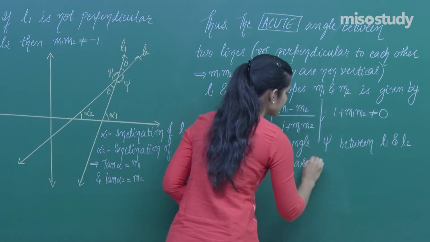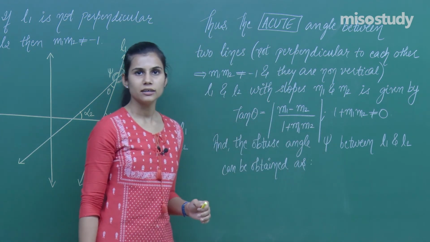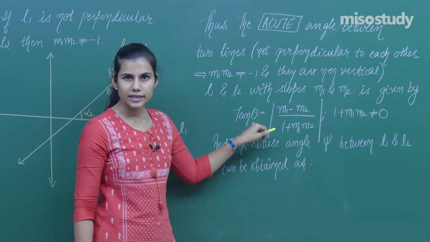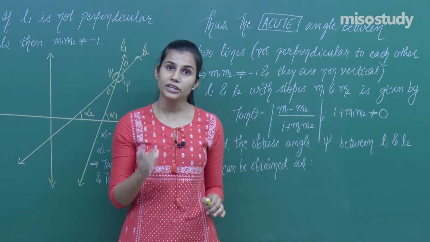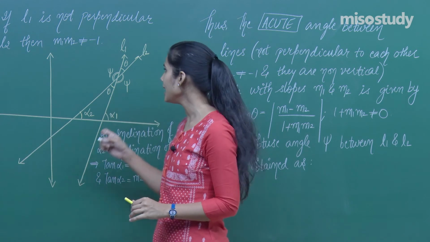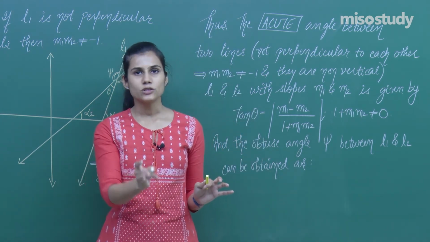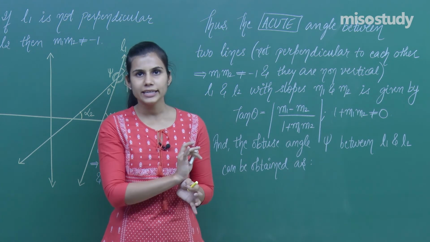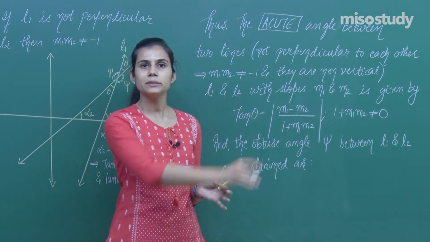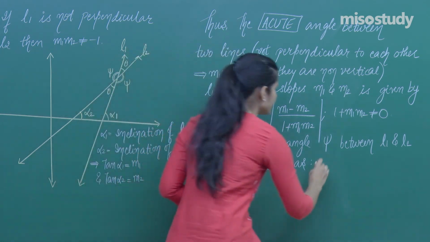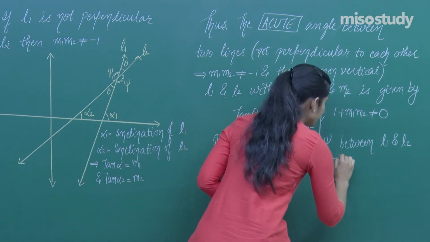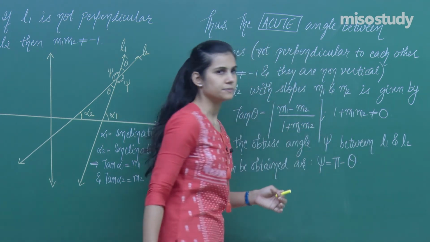How can you obtain xi if you already have theta? If theta is the acute angle between L1 and L2, the only thing which I know about acute and obtuse angle between two lines is that when you add them you get 180. So when you add acute angle plus obtuse angle between two lines, you get 180. So obtuse angle is nothing but 180 minus acute angle. So xi will be equal to 180 minus theta.